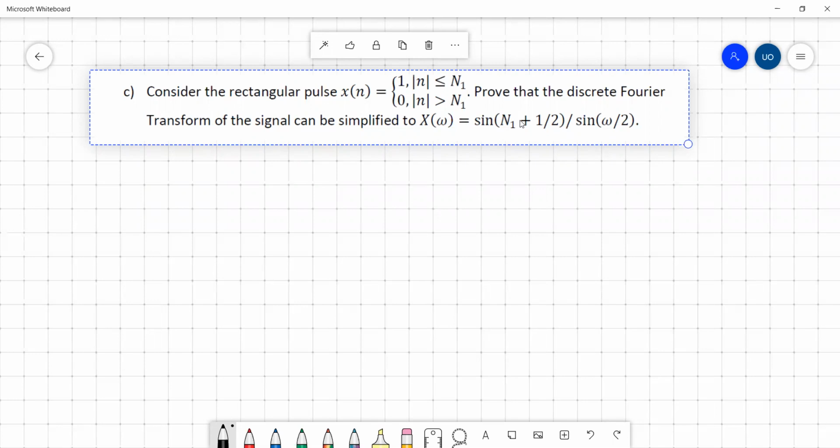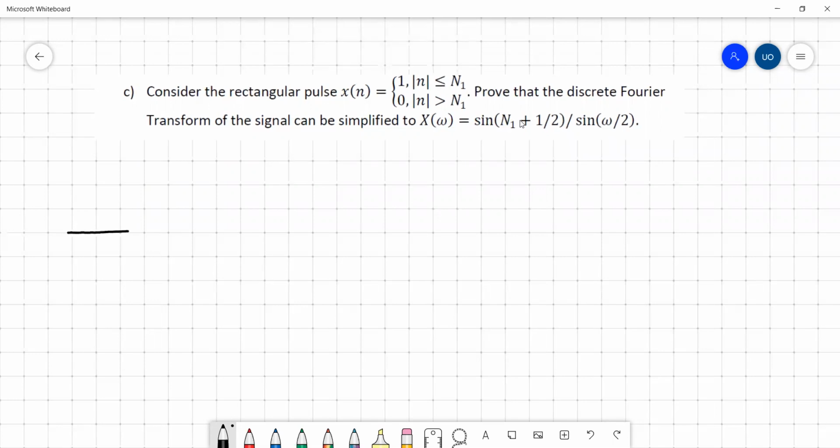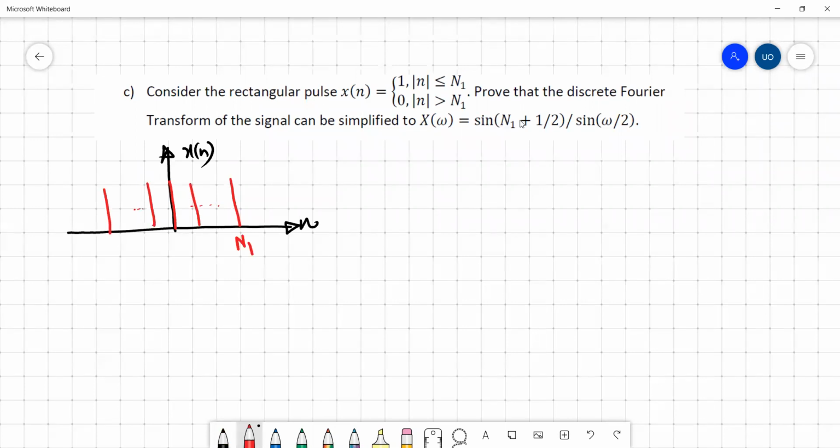If you plot it, it's something like that. So we have n, x[n]. So this is the rectangular pulse in discrete domain.